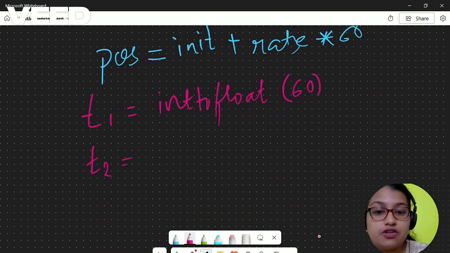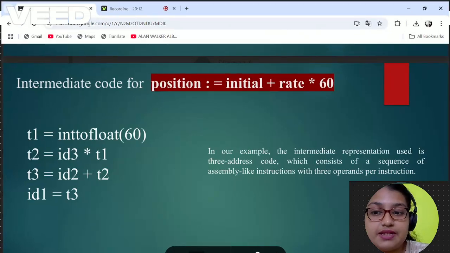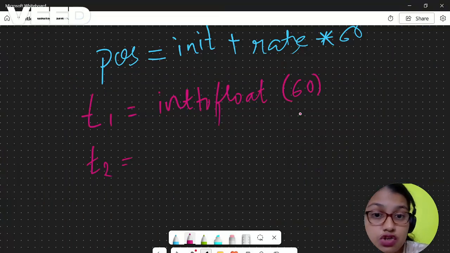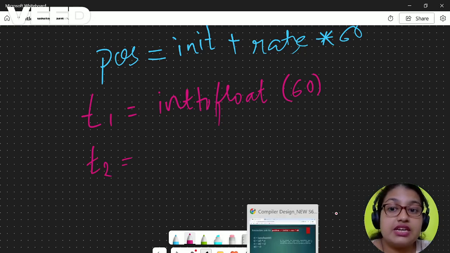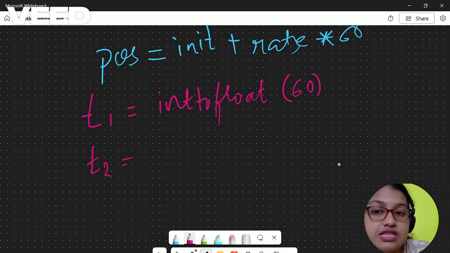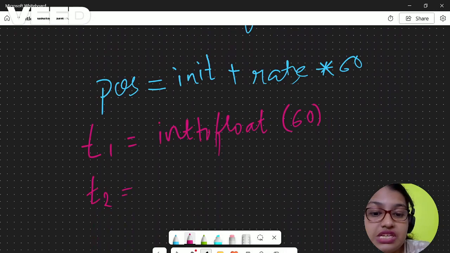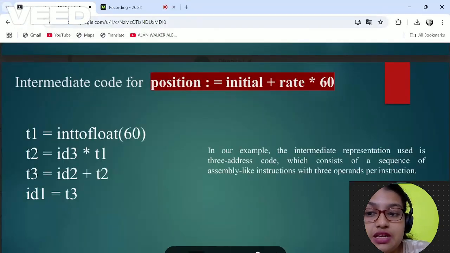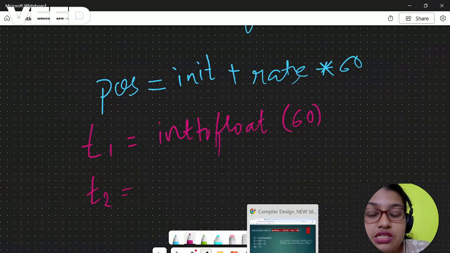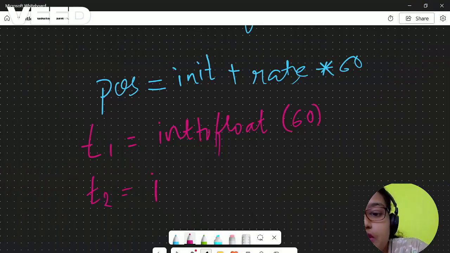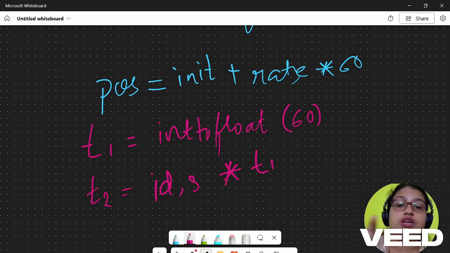So what does that mean? t1 is into float 60, so I can write id3 into t1. Why? Because I have already stored the into float 60 value in t1, so I don't have to repeat it again and again. So id3 into t1, I have stored that.